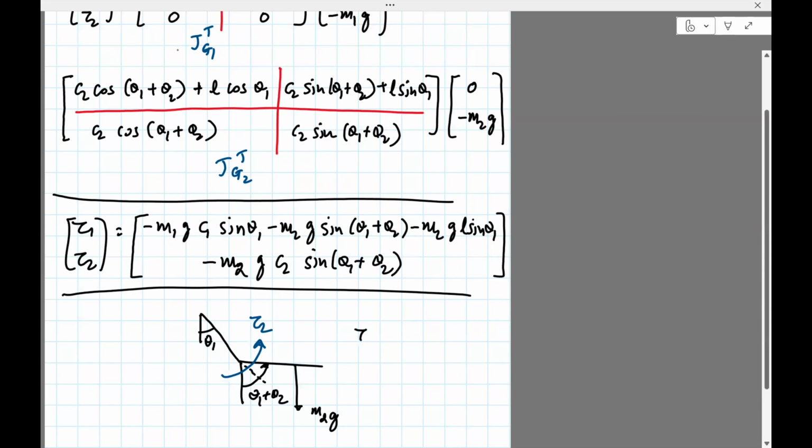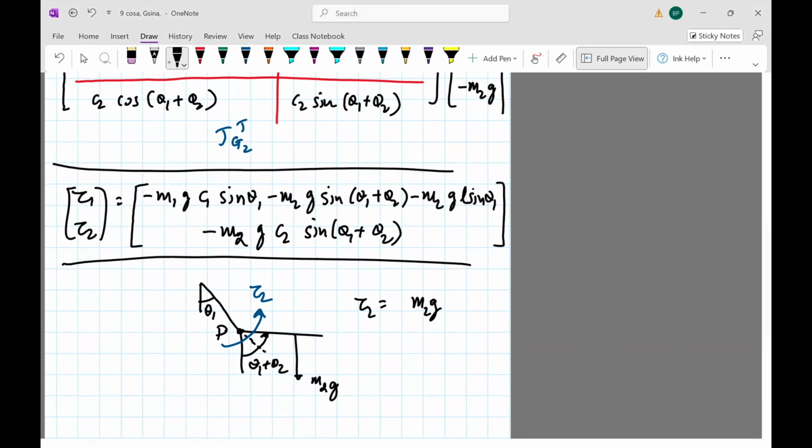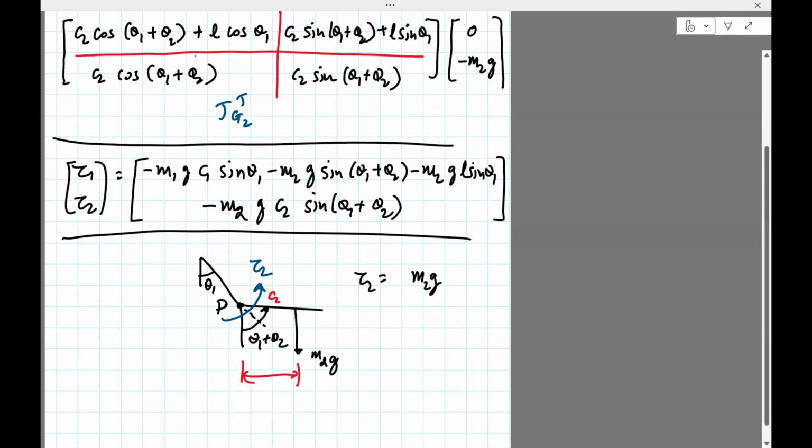So to compute tau 2, what you need to do is a force equilibrium or a moment equilibrium about this point. Let's call that, I think we called it P. Okay, so moment at P should be 0. So we can see it's M2G, that's the force downwards, times the moment arm. So the moment arm would be the distance from here to here. So this distance is C2.